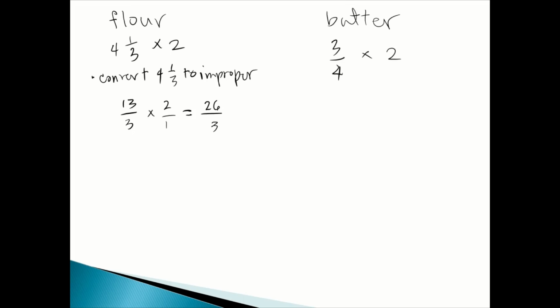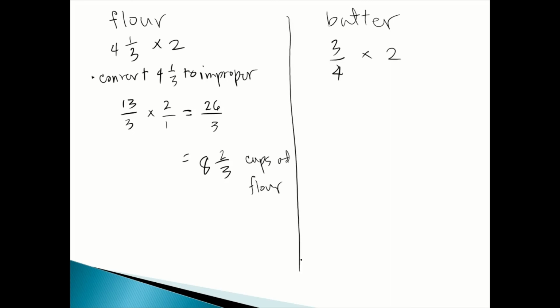Okay, this is going to be equal to 8 and 2/3 because 26 divided by 3, 8 is the nearest one, right? And then 2/3, 8 2/3 cups of flour.